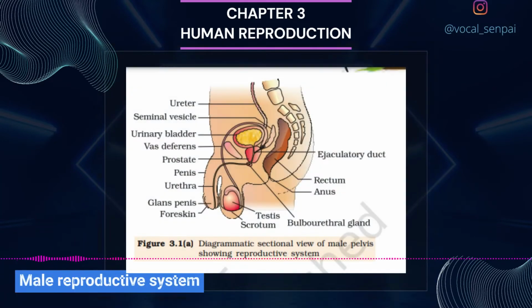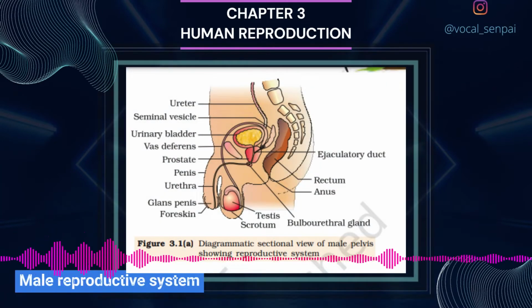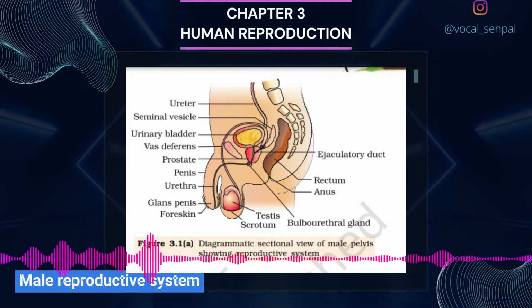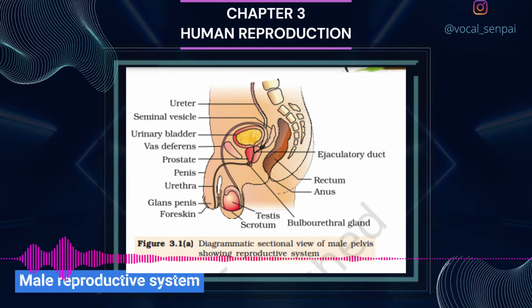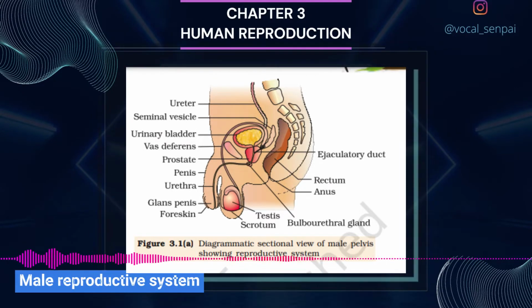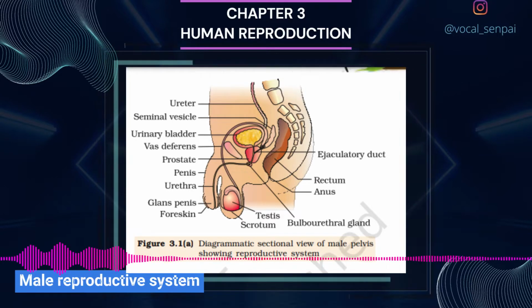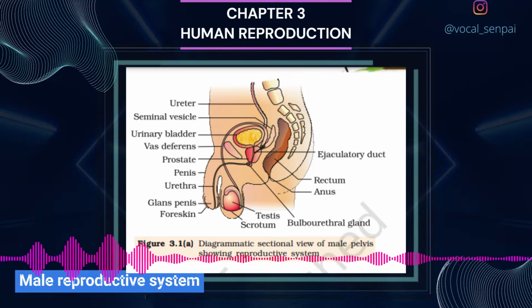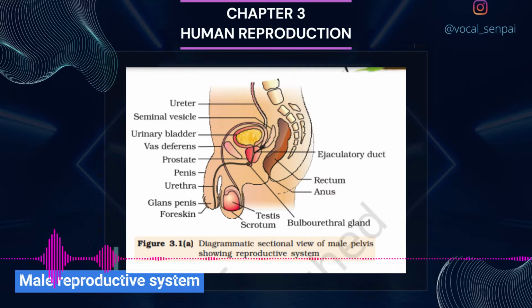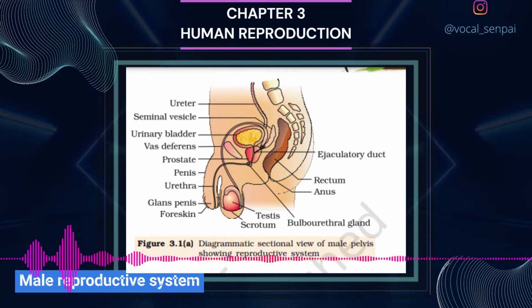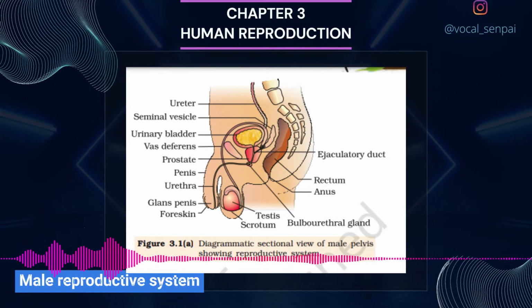The male reproductive system. The male reproductive system is located in the pelvis region, figure 3.1a. It includes a pair of testes along with accessory ducts, glands, and the external genitalia. The testes are situated outside the abdominal cavity within a pouch called scrotum.